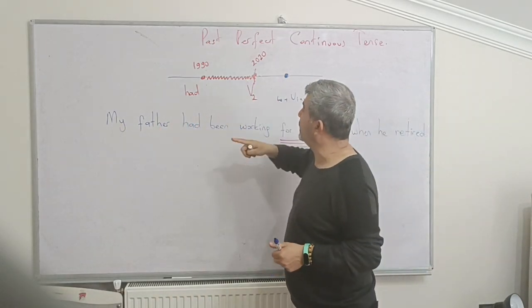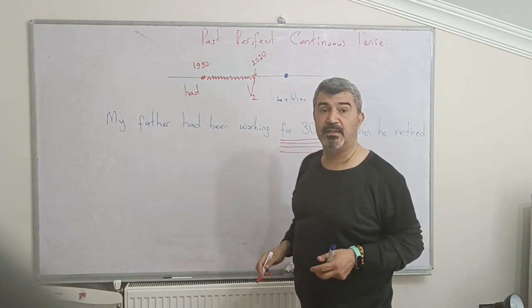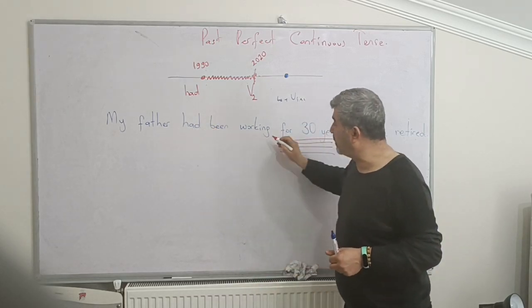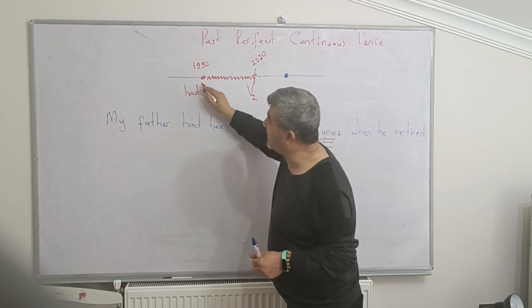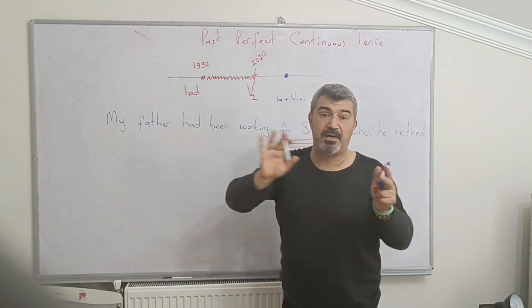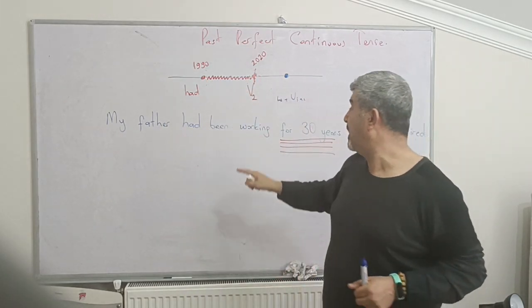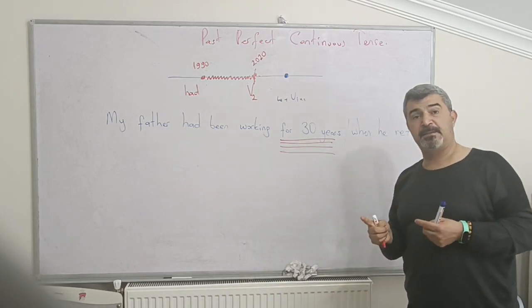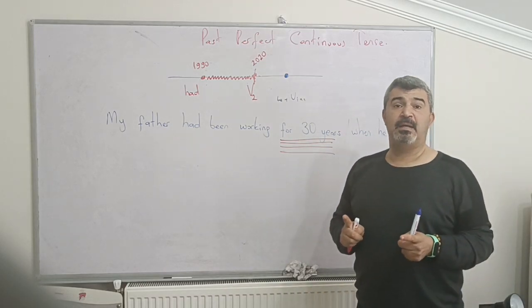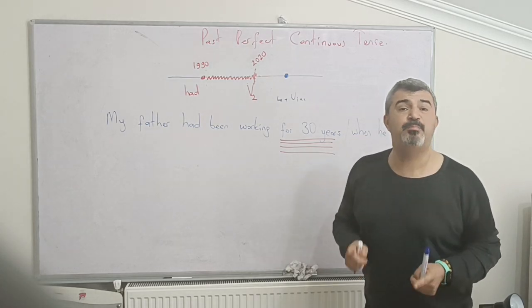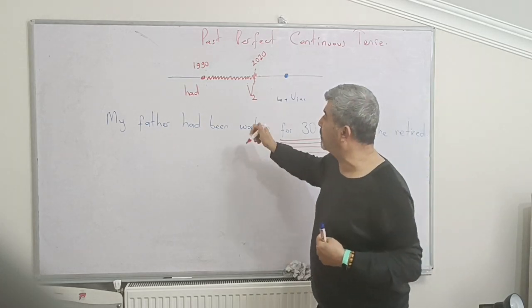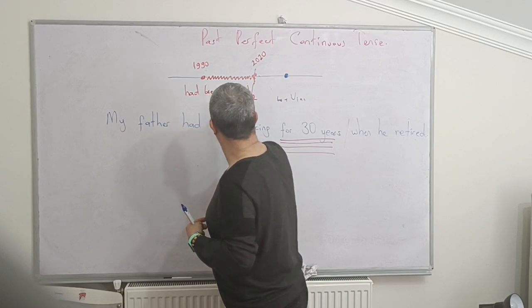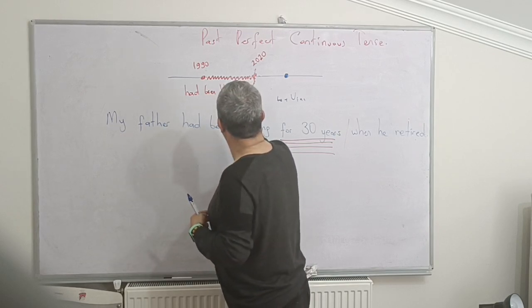In past perfect continuous, the period is important. If you don't want to use past perfect continuous, you will use had plus verb 3, but the period is not important in past perfect. But if you want to say that the period is crucial, it is important for me, we use past perfect continuous, had been, verb ing.